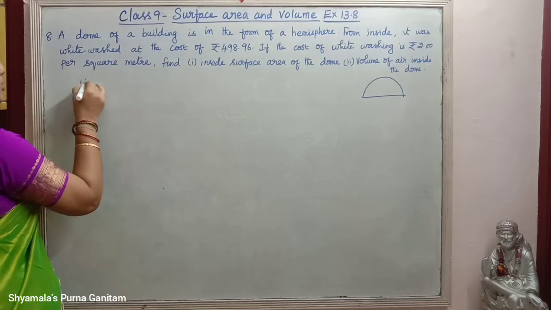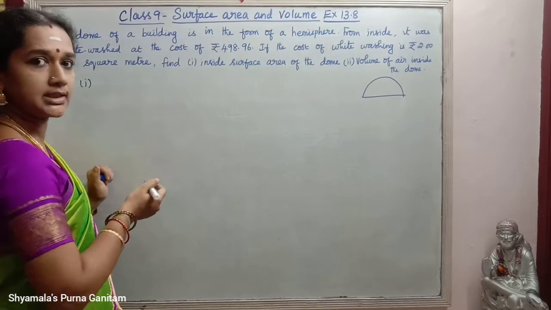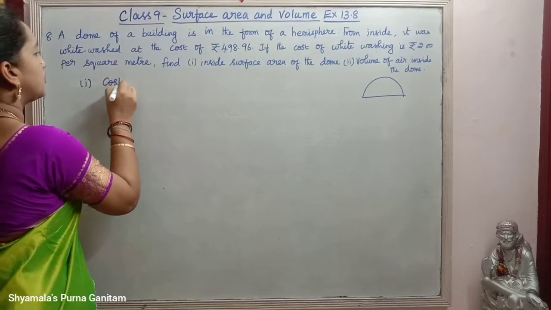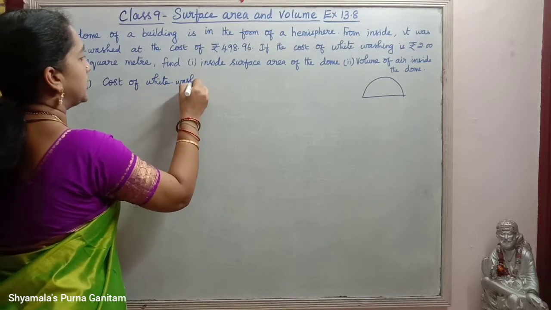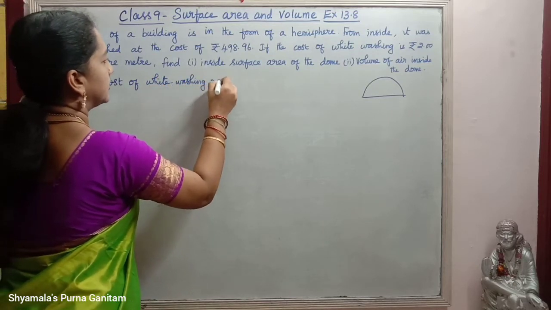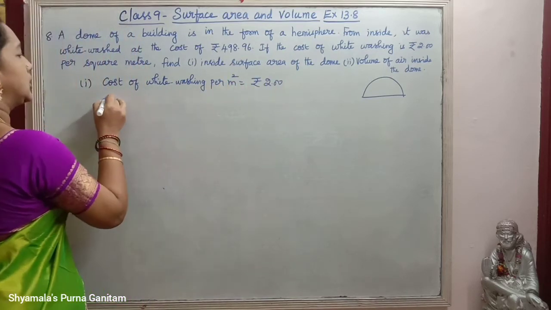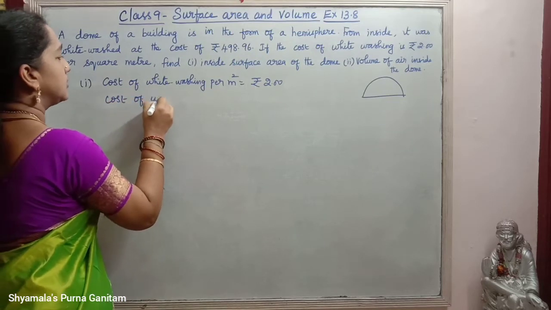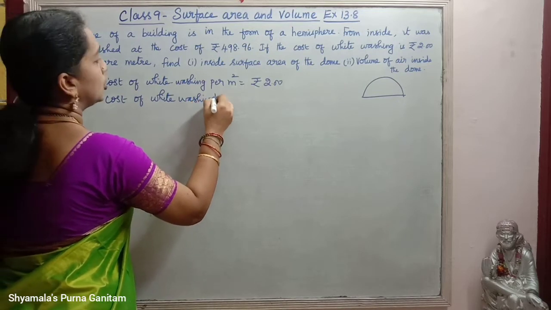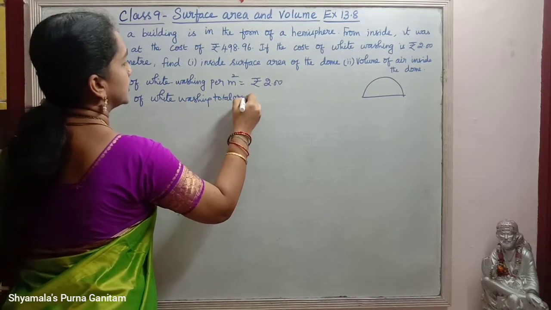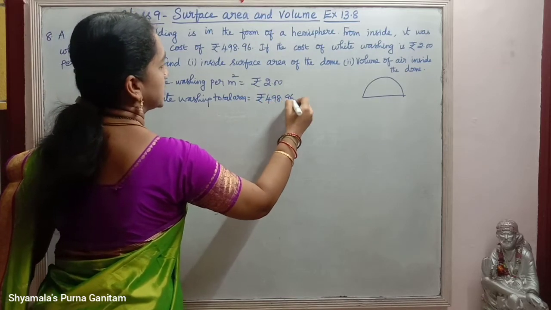Okay. So the first thing is, the cost of whitewashing per meter square is rupees 2. Then the cost of whitewashing the total area is rupees 498.96.